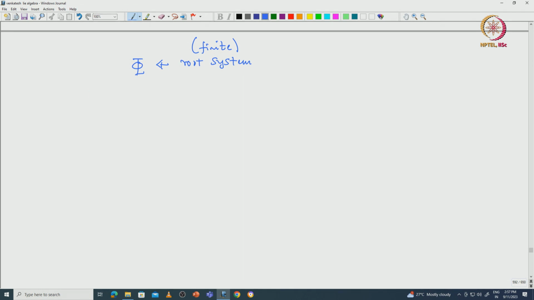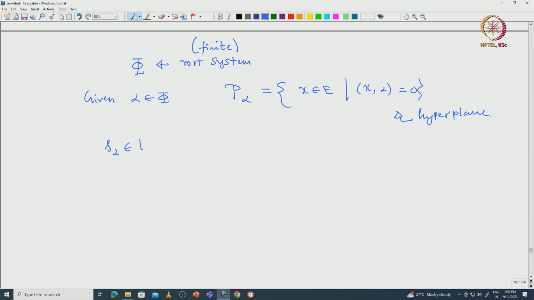For example, given alpha, we have this hyperplane which we called P alpha, that is perpendicular to alpha. So, what is this P alpha? This is the set of those x in E that are perpendicular to alpha. So, this is the hyperplane, which means the dimension of this hyperplane is just 1 less than the dimension of E. We also have a reflection S alpha in W.